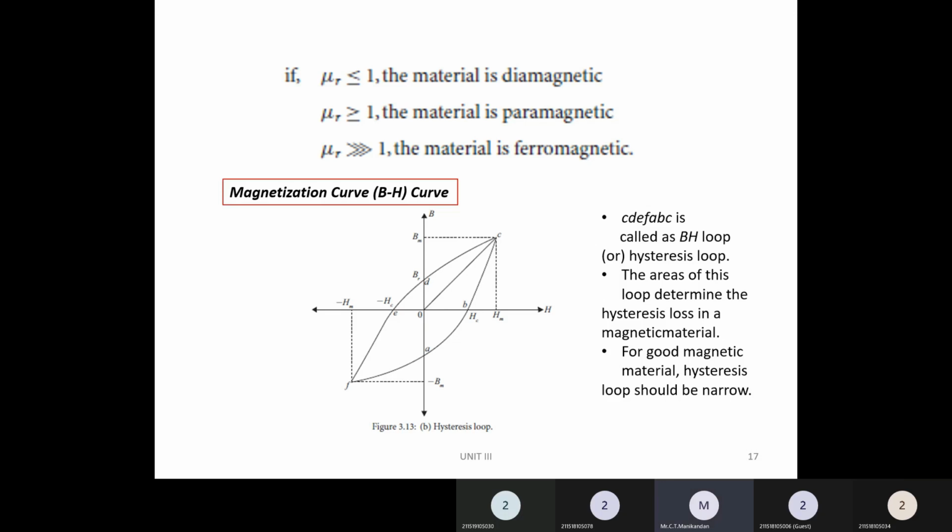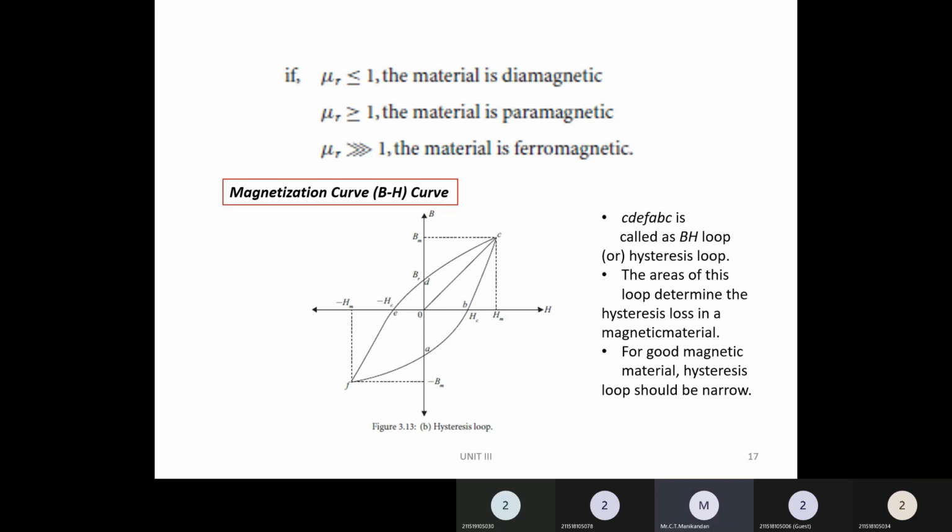You can see here, when you increase the magnetic field intensity, the flux density also increases. You can see in the diagram clearly: I'm increasing from 0 to C, and as H increases, B also increases.